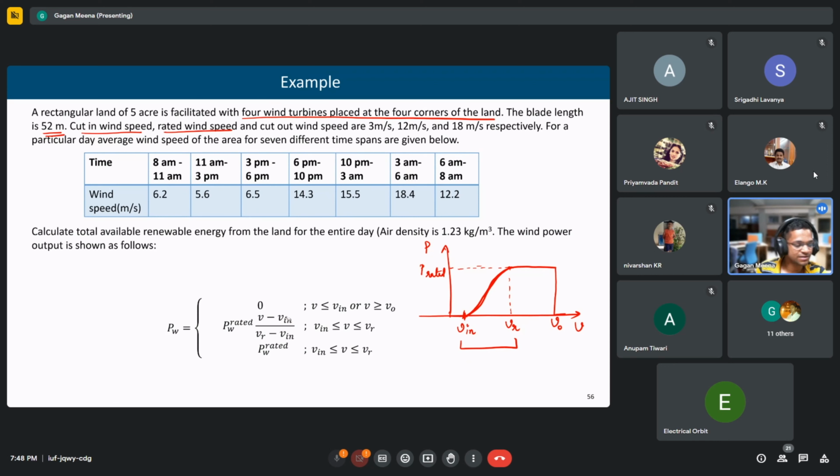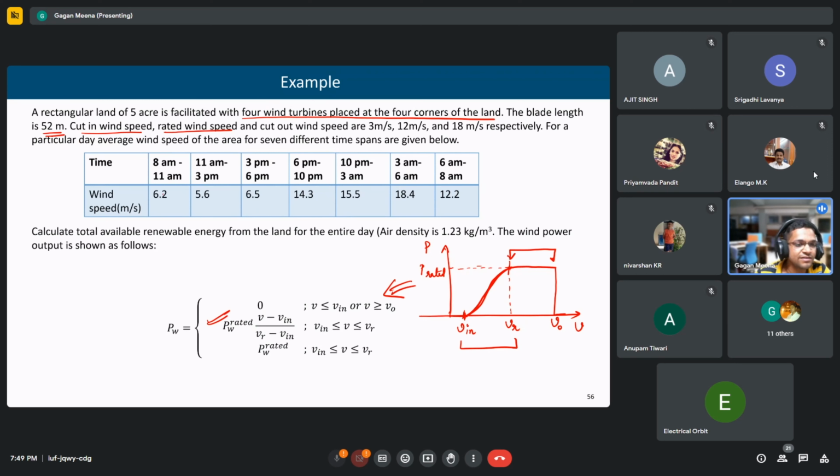I have seen in some papers cubic also being used. So we can use this relationship. This is a linear relationship. Then from rated to cut-out speed, power is constant. This is the mathematical model for the power and speed relationship.